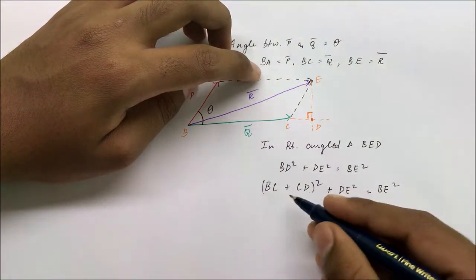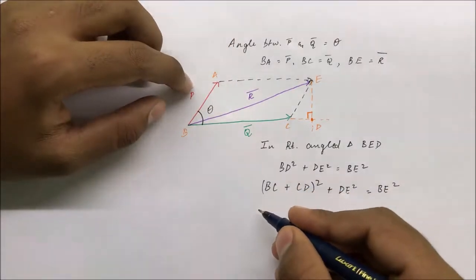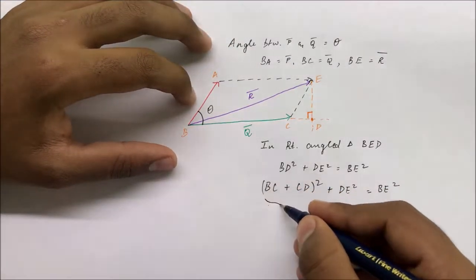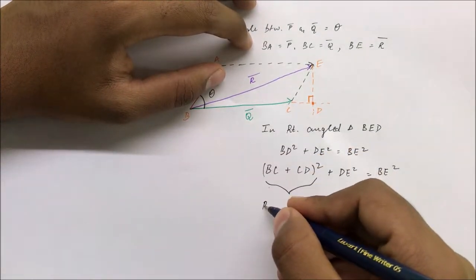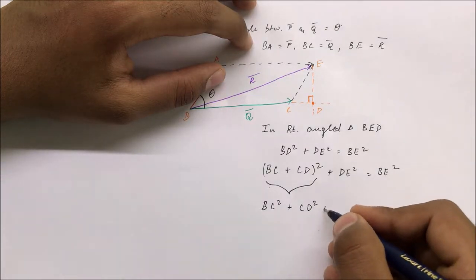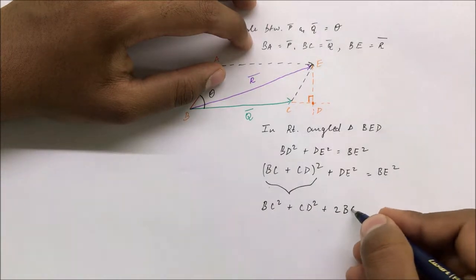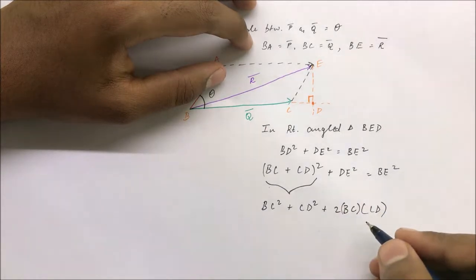Now I'm going to expand this. A plus B whole square is equal to A square plus B square plus 2AB. So this one I can write as BC square plus CD square plus 2 BC into CD, correct?